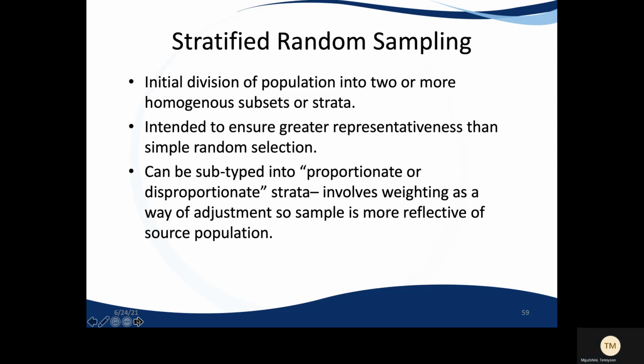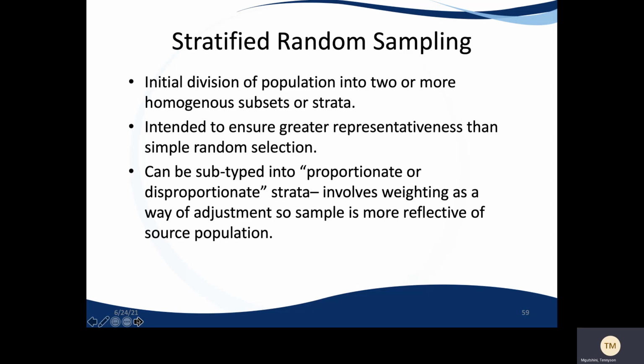So if I knew that the university or my source population or the accessible population was made up of 80% men and 20% women, I might decide that, look, I want my sample to have a representation that's similar to what real life is or what the bigger group is.